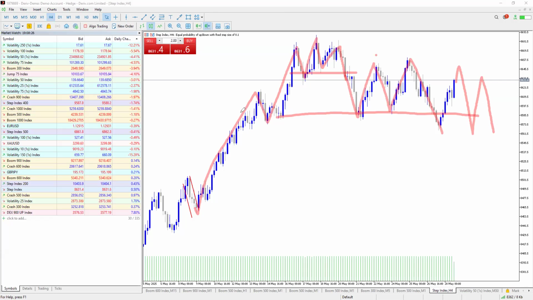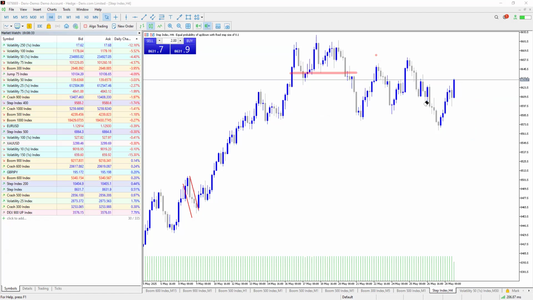Now, what do I do if I'm in a situation like this? Since this is the move that broke my structure here, I now have to look for a fib and I now have to look for an OB.